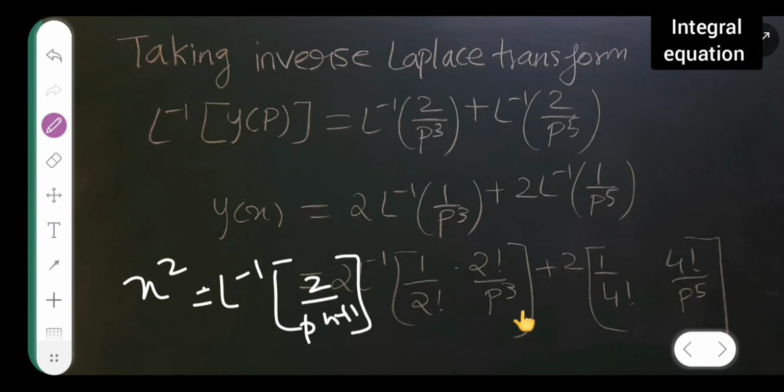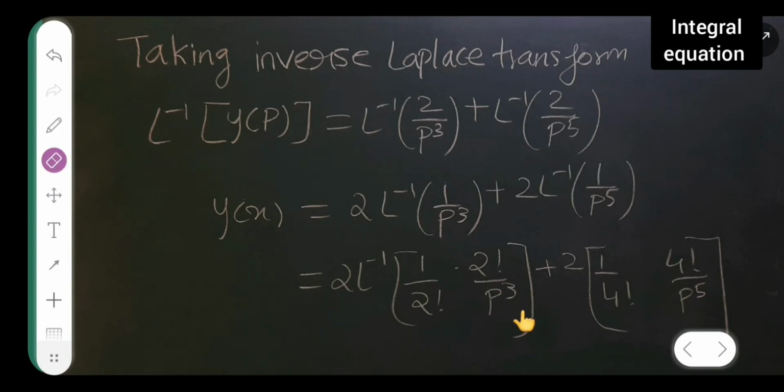So even if you write Laplace inverse of 2 upon p raised to power of 3, sorry, 2 upon p raised to power of 3. So I have done it like this. So then again take this outside. And what will you get?